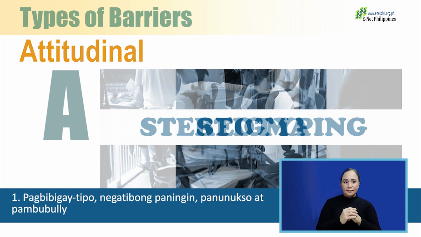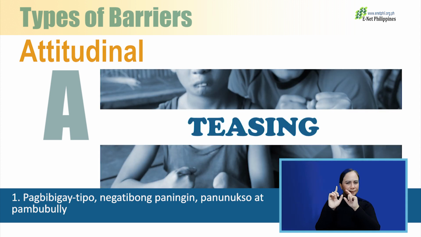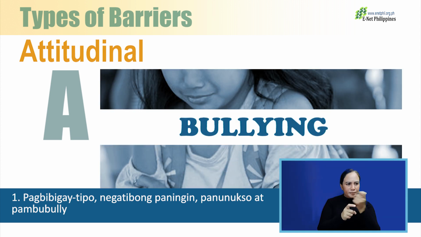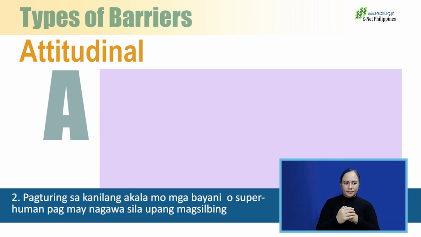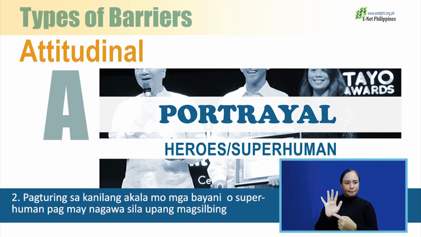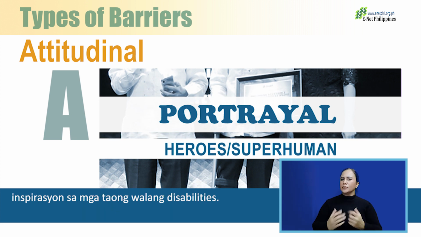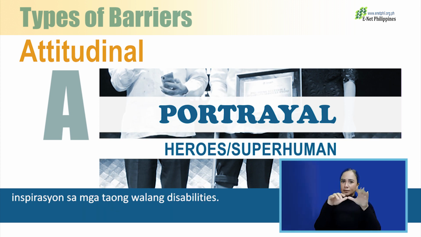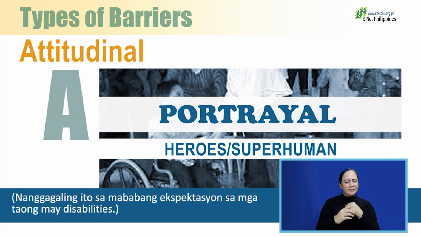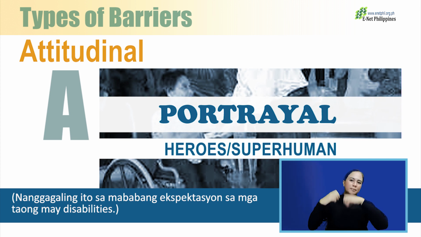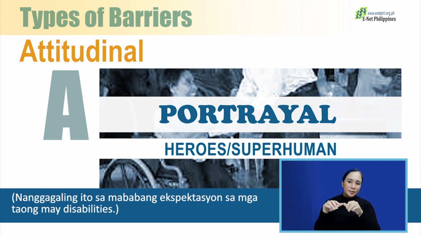Stereotyping, stigma, teasing, and bullying. 2. Portrayal as heroes and superhumans when they achieve something to inspire people without disabilities. This is actually rooted from low expectations towards persons with disabilities.